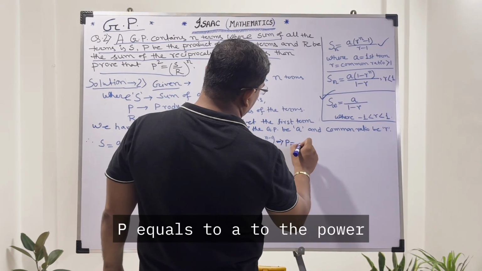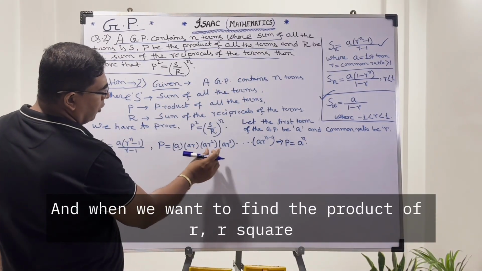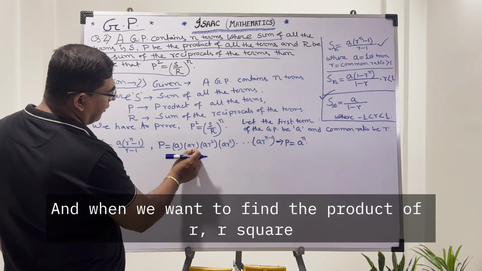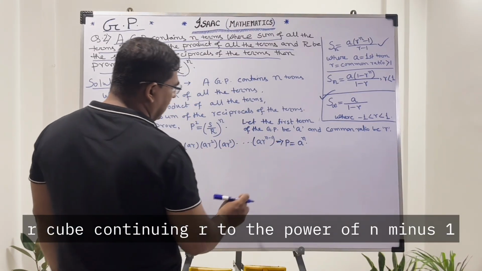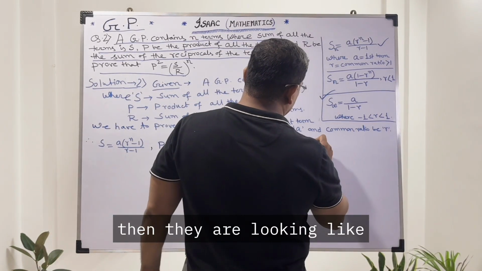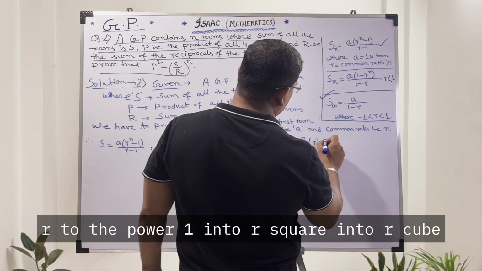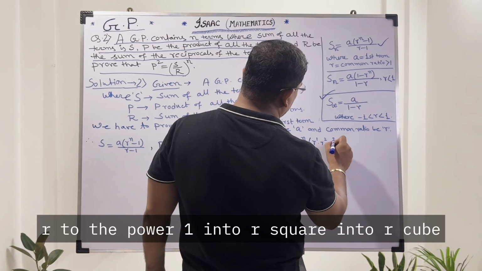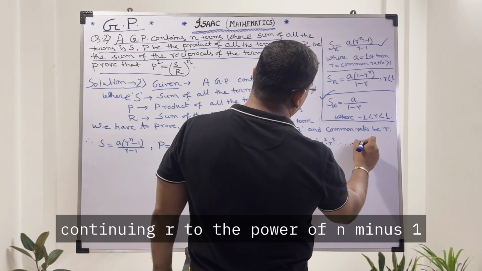That is why we can write P equals a to the power n into, and when we want to find the product of r, r square, r cube, continuing to r to the power of n minus 1, they look like r to the power 1 into r square into r cube, continuing to r to the power of n minus 1.